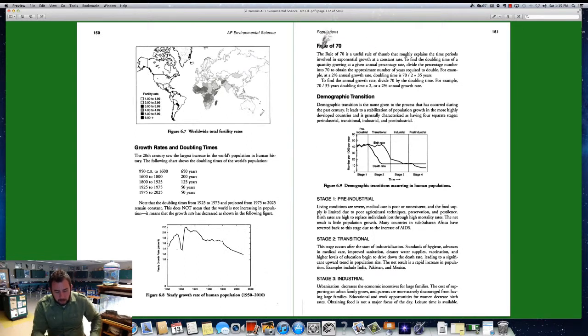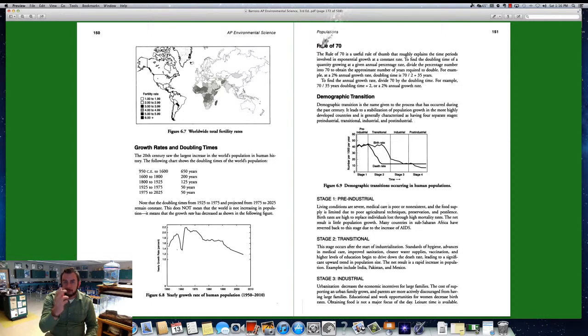And I think your book shows that exact same data, but it's not the same image. It's the same exact stats, but this one has population growth in it as well, while the book just has growth rate. So it's a little bit different, but for the most part, it's pretty much the same.